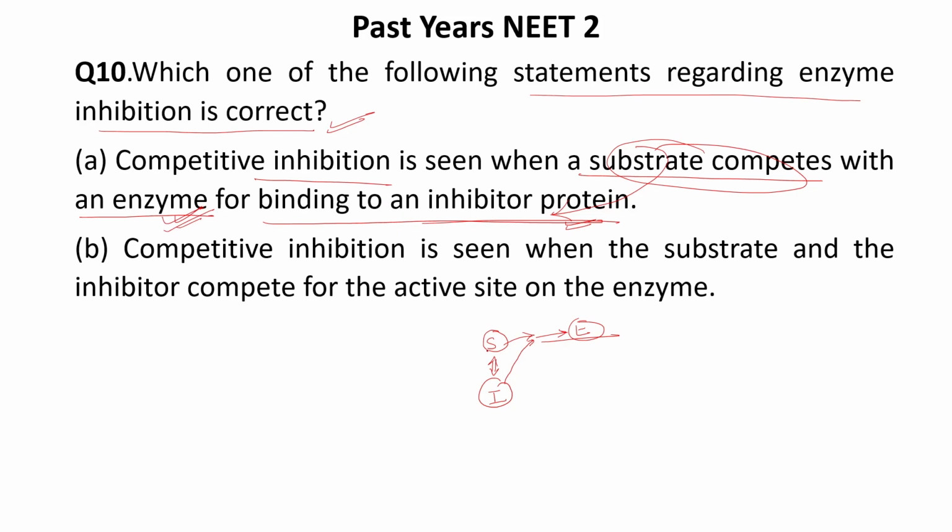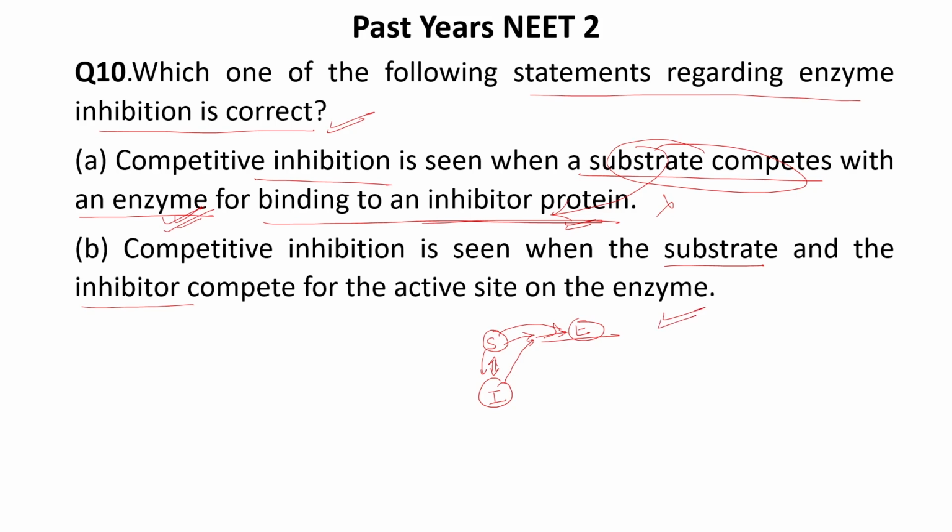The substrate is never going to bind with the inhibitor. It is going to bind with the enzyme. So this is an incorrect statement. Competitive inhibition is seen when the substrate and the inhibitor compete for the active sites on the enzyme. This is the correct statement.